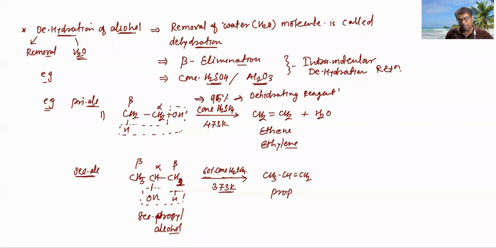A 3-carbon-containing alkene is called propene, or the common name propylene, and the byproduct is water. This is the product in the secondary alcohol.